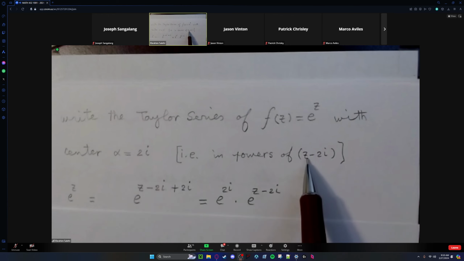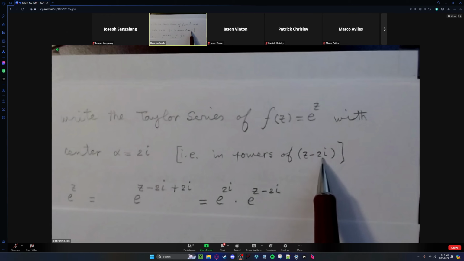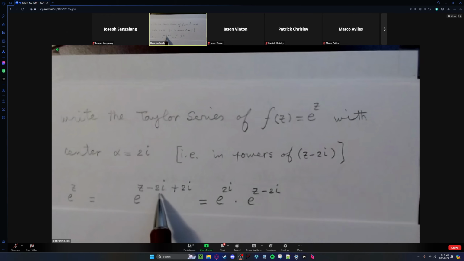I want powers of z minus 2i, right? So we will keep this portion and write it in this fashion. This is a constant, so keep it as a constant.